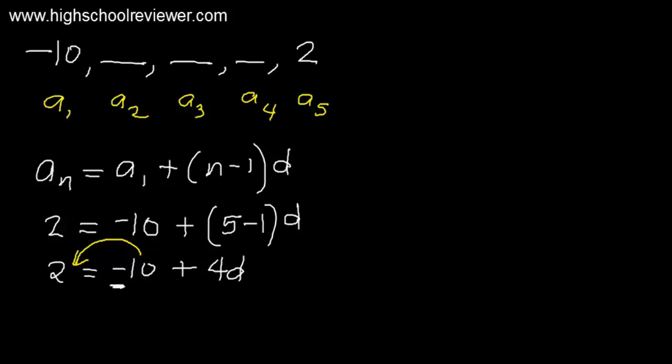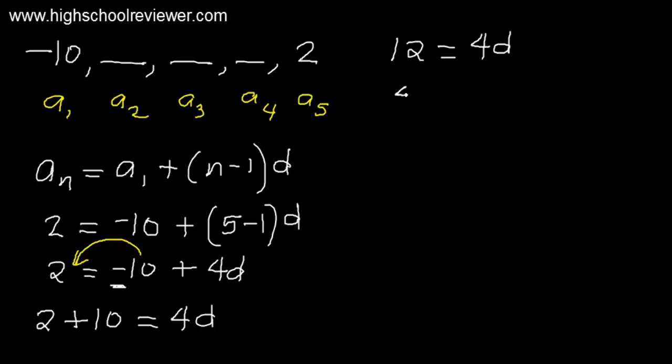So from negative, this will change to positive. So we will have here 2 plus 10 equals 4d. So 2 plus 10 is 12, and this will be equal to 4d. We can rearrange them. We will have here 4d equals 12.